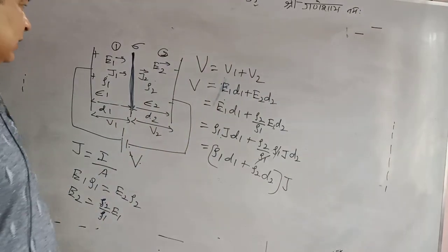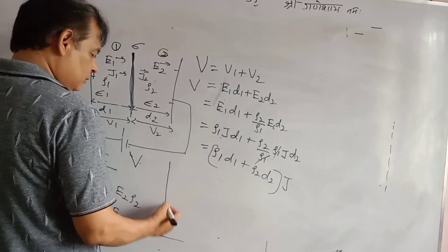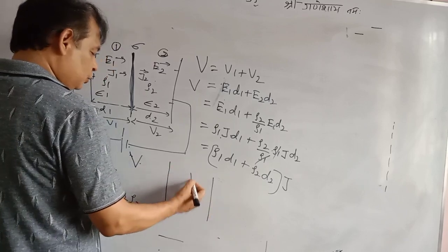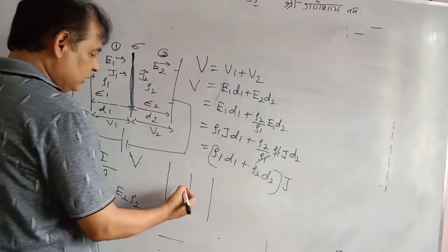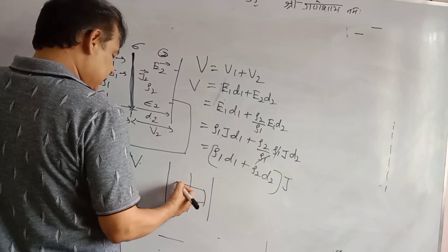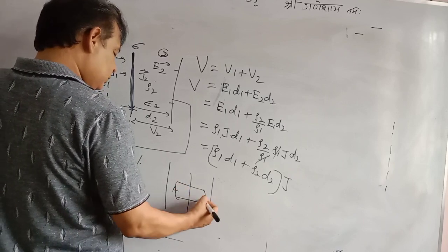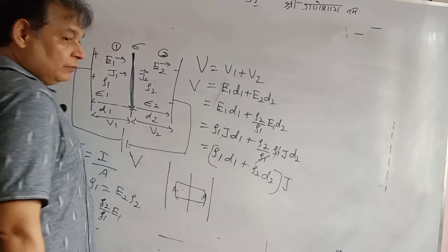Now we are taking these two layers, and we are taking a Gaussian imaginary surface here, of area A. Suppose that's layer A1, that's layer A2.